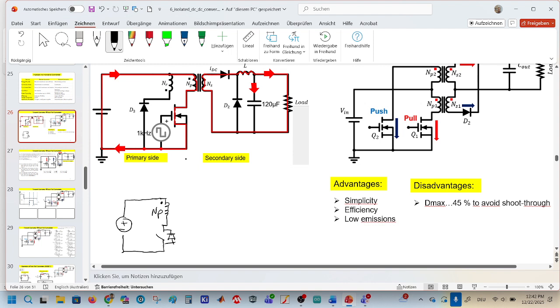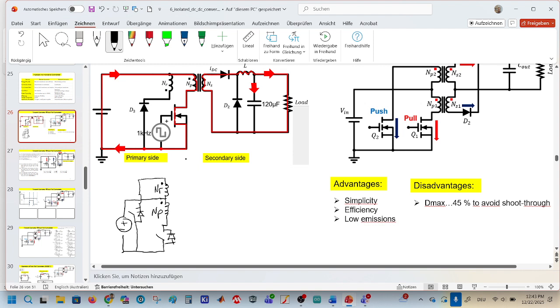And we can just simply add these windings with the right polarity, and then we see here a diode, and we said that instead of a diode, we change it with a switch.